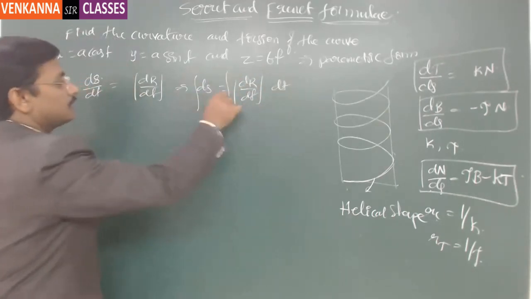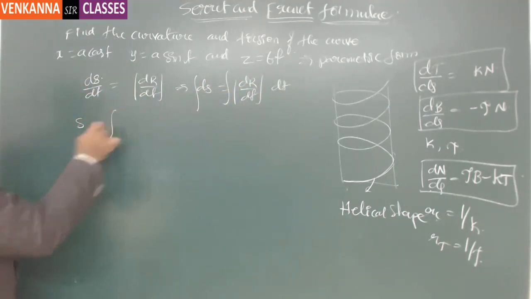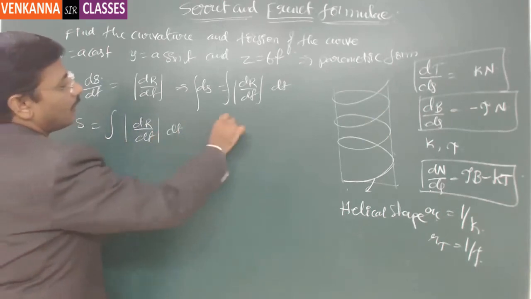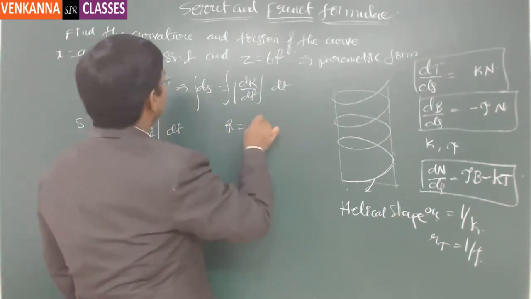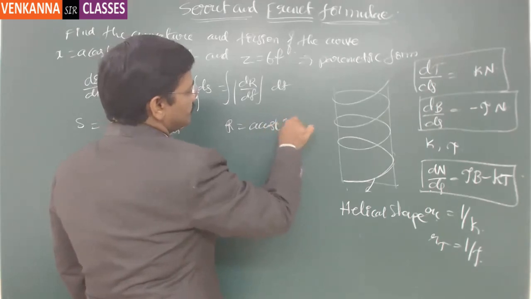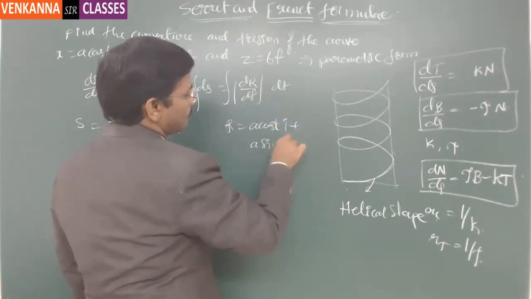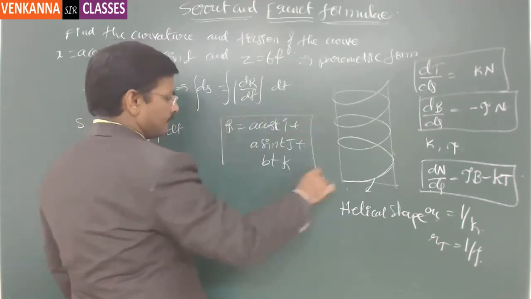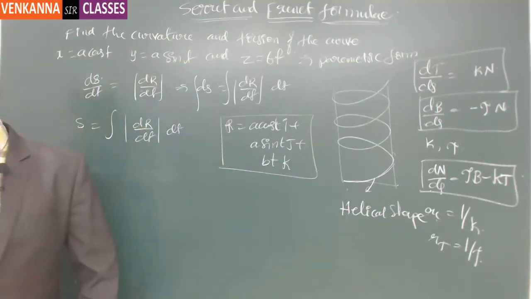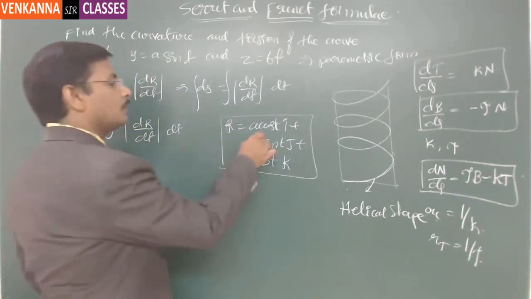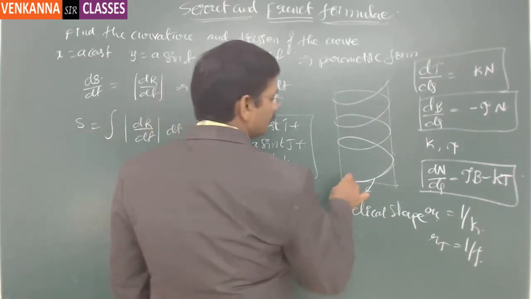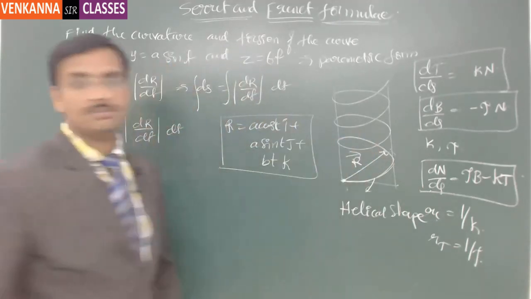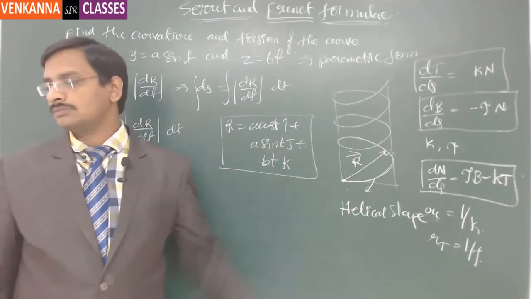If you integrate on either side, s is going to be the integral of modulus of dr by dt into dt, where r is given by a cos t into i plus a sin t into j plus bt into k. Got it? So this is the position vector. Suppose you start from here, at any random point this is the position vector r given at any time t by this equation. Got it? Understood or not?